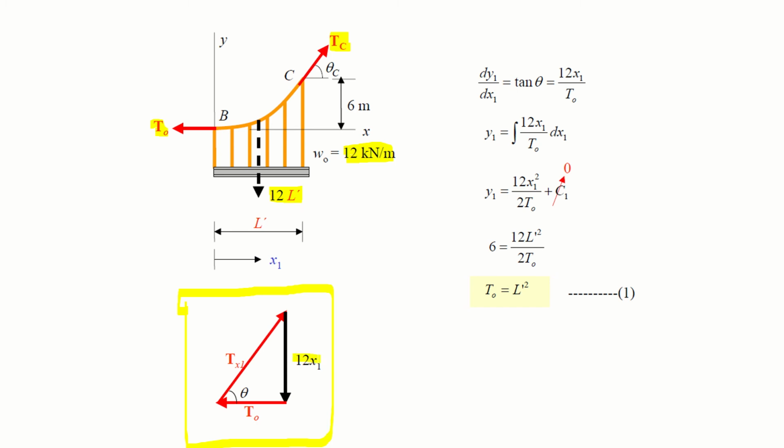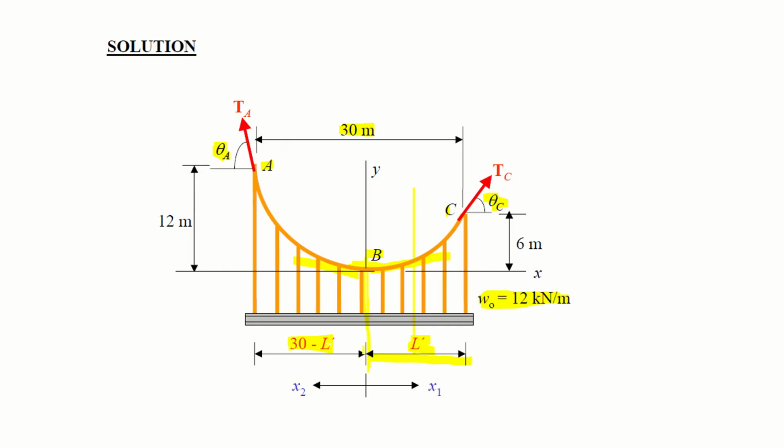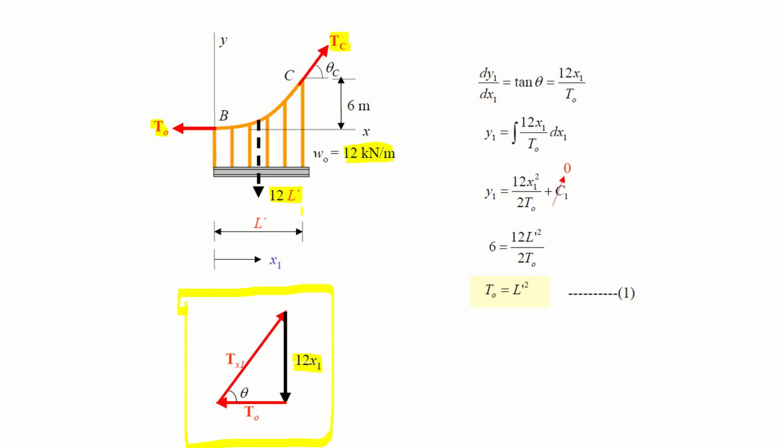This is your 12x1, which is your vertical load. Why have I used x1? Because if you go back, from this point, which we have considered as origin, going rightward gives you x1 and going leftwards gives you x2. So therefore you have used x1 instead of L dash.